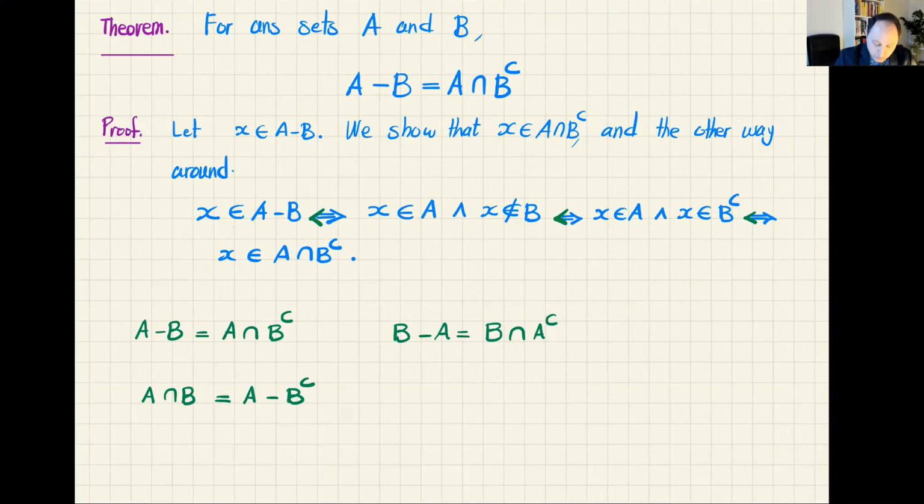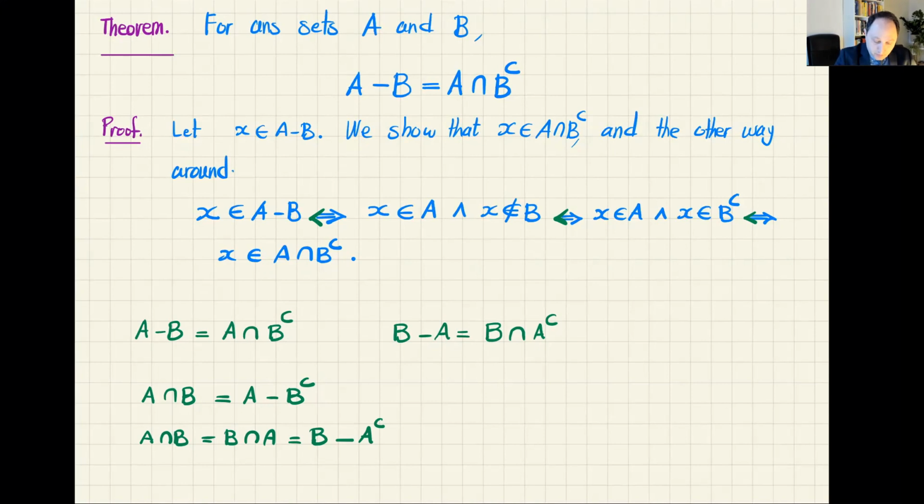Or if you want to, you can interpret this as B intersection A because they are the same. Now you write your first one, change the intersection to subtraction, and make the complement of the second one. So whatever you are writing is completely correct here.